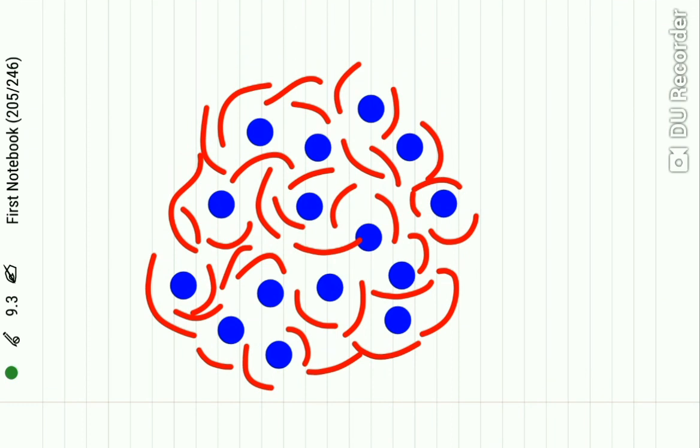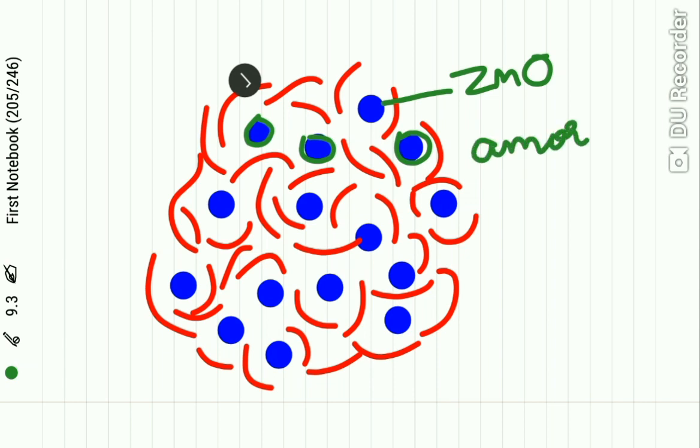Now, to understand this reaction, the blue dots are the particles of zinc oxide, and the reaction starts on the surface of these dots. The zinc eugenolate is formed in the form of amorphous gel.